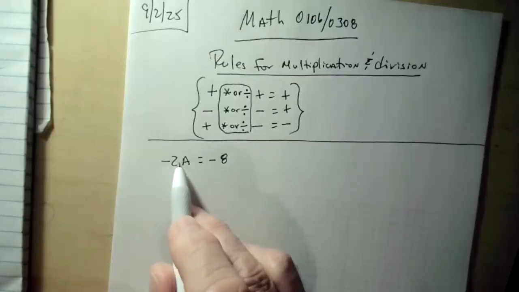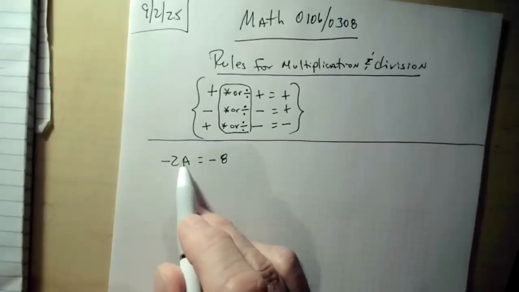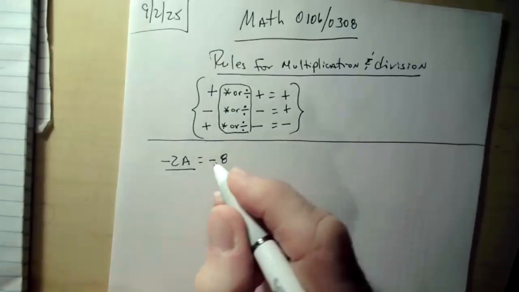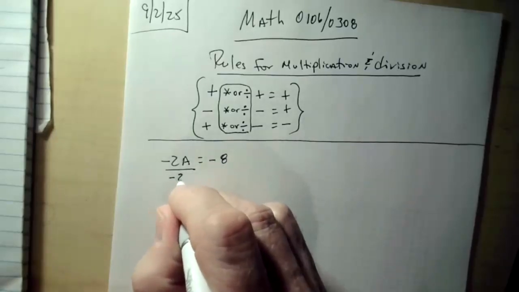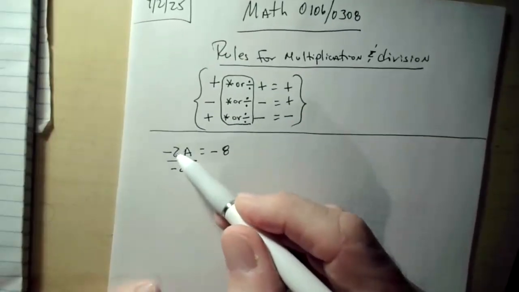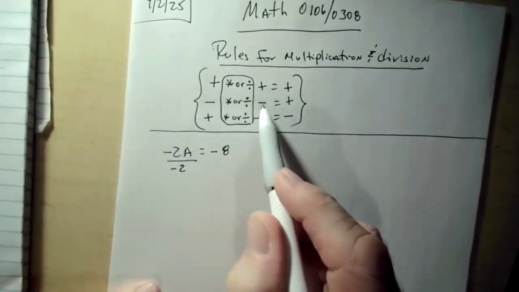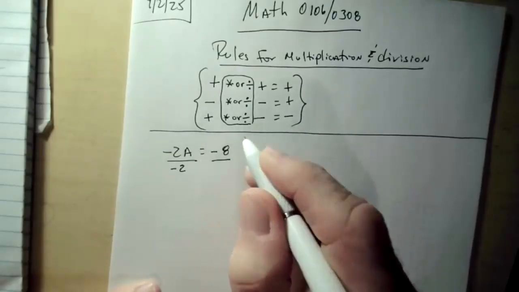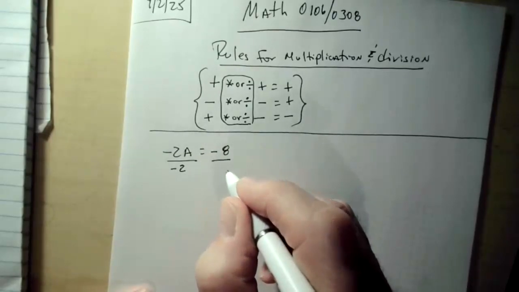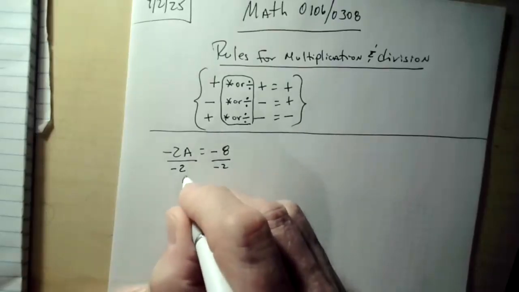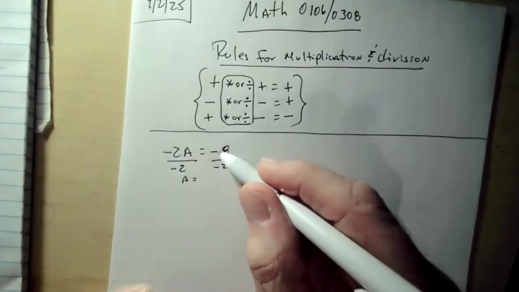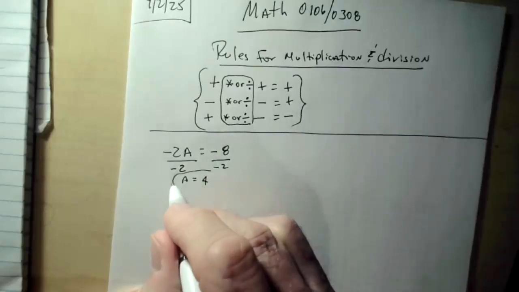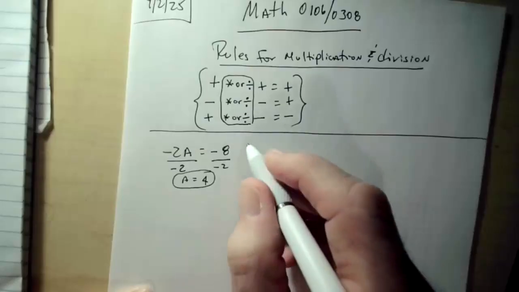This is negative 2 times a. So how do we undo multiplication? Division. So we divide by negative 2. Again, because a negative divided by a negative here is a positive, and that's what we want. Whatever you do to one side, you have to do to the other. Negative 2, so a is, and again, negative divided by a negative is a positive 4. Okay?